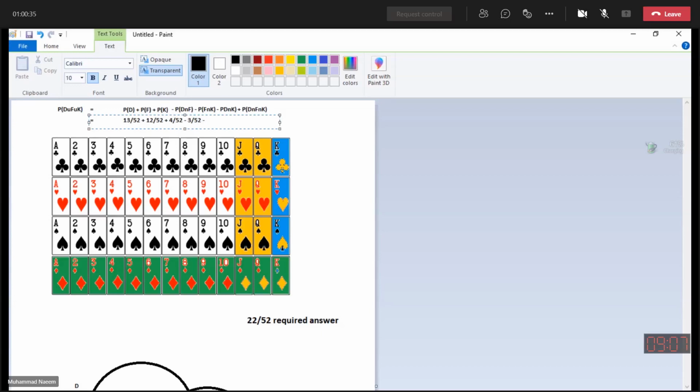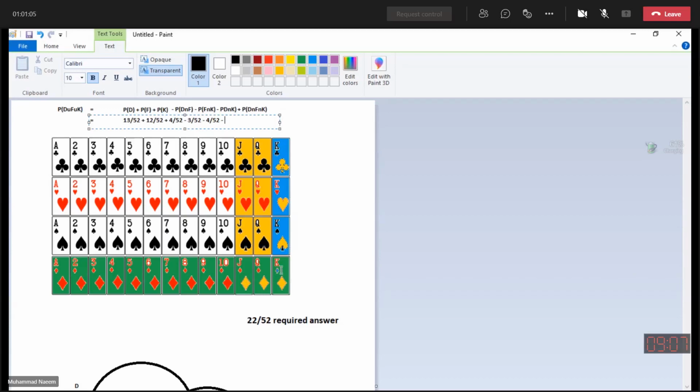Intersection of F and K. F and K having these four elements in common. So 4 by 52. Our third intersection is the intersection of D and K. D, these 13, and K, these 4.